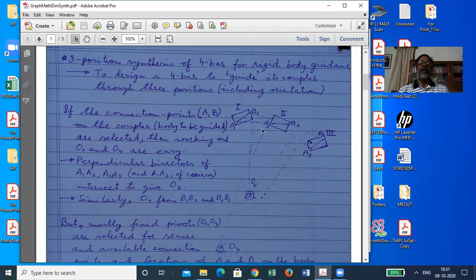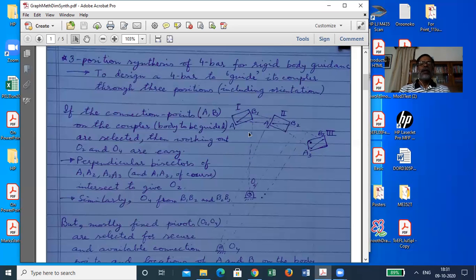You know, if the connection points on this body were known, A1, B1, which in this position go to A2, B2, and in this position go to A3, B3, if these connection points are known and you are asked to find the connection points on the frame, then it is a fairly straightforward problem.